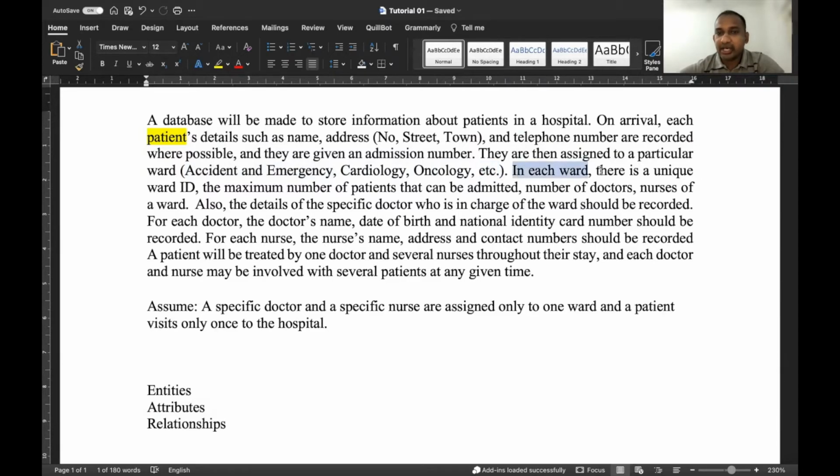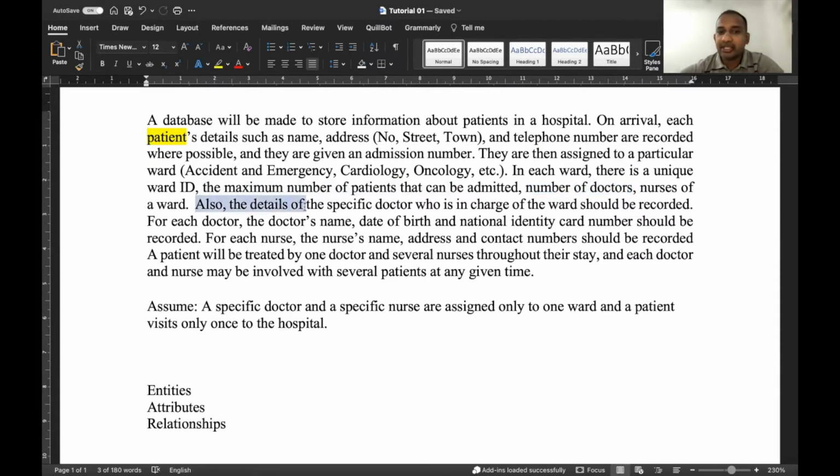In the ward, there is a unique ward ID available to uniquely identify a particular ward, and the maximum number of patients that can be admitted. Assume that for a particular ward, only 30 patients can be admitted. So the maximum capacity is then 30. And the number of doctors, how many doctors are available, and the number of nurses, how many nurses in this ward.